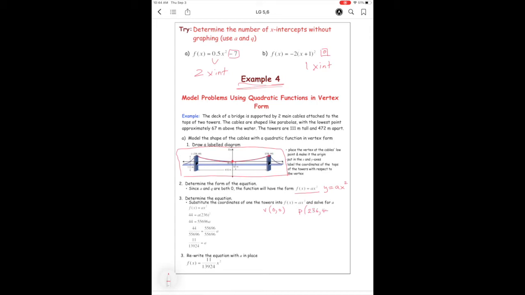It's 236, comma 44. And remember I said earlier, always label P and Q, X and Y. So when we plug them in, there's the Y, there is the X. We do some algebra to get what A is. And once we have what A is, we have our answer.